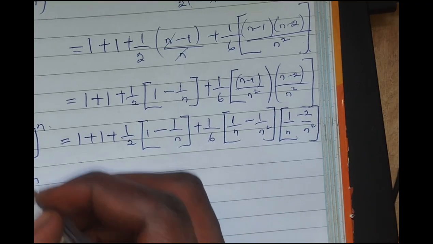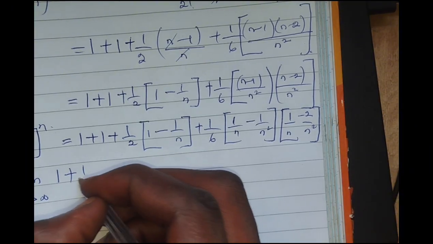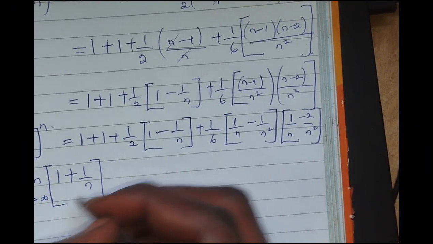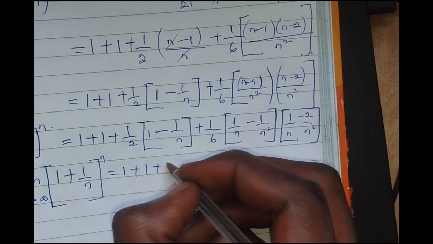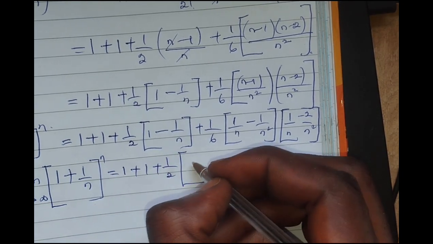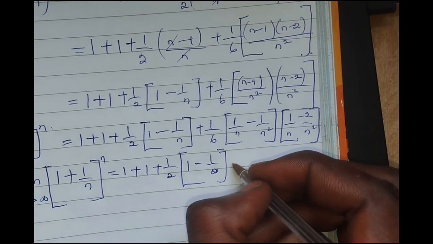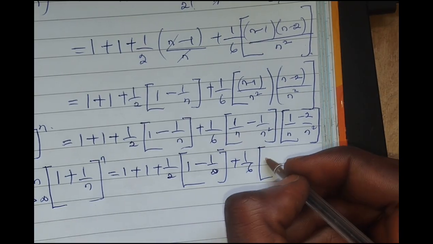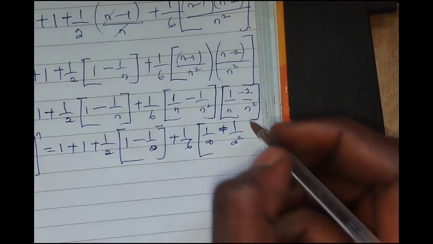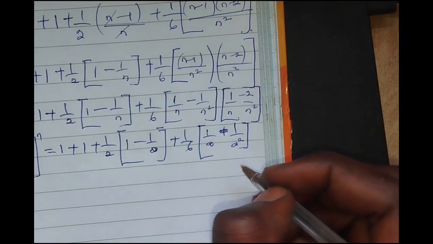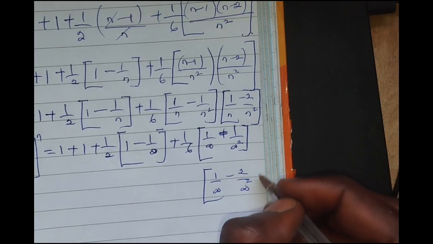The limit as n goes to infinity of (1 + 1/n)^n is equal to 1 plus 1 plus 1/2 · (1 − 1/∞), plus 1/6 · (1 − 1/∞)(1 − 2/∞).